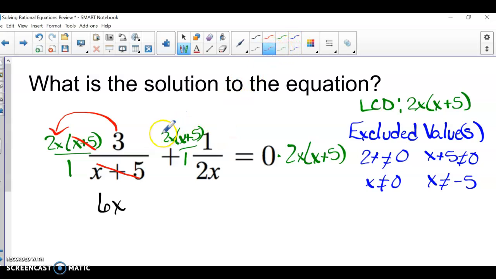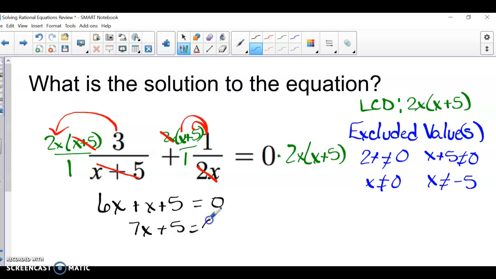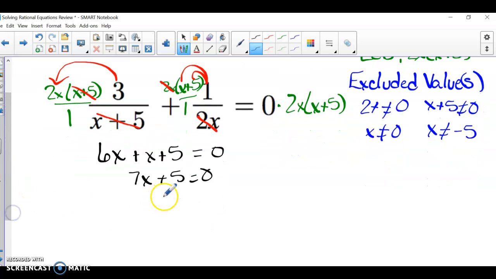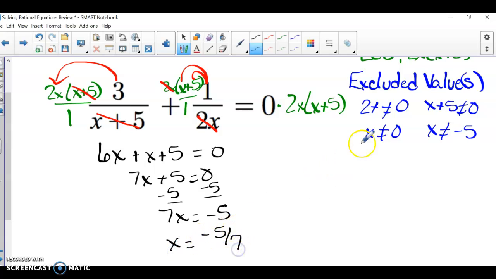Here, just the 2x cancels, and I'm left with 1 times x and 1 times 5, so that gives me x plus 5. Here, anything times 0 just simply gives me 0. Combining my like terms, I get 7x plus 5 equals 0. Solve like we normally do, so I subtract 5 from both sides. 7x is equal to a negative 5, and then I divide by 7, so I get negative 5/7. Neither one of my excluded values is this, so that is my correct answer.